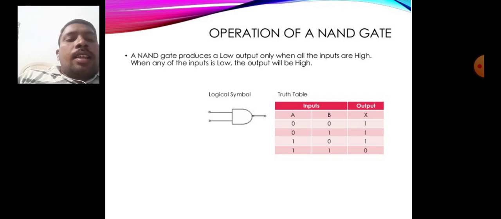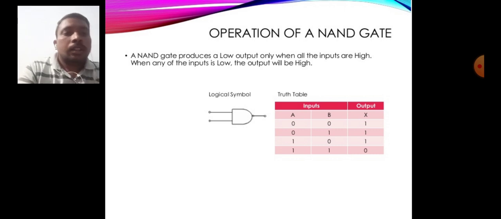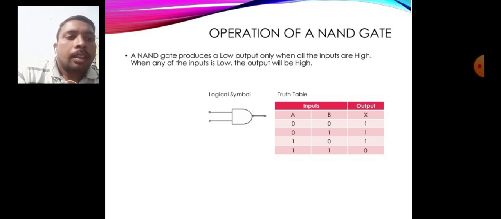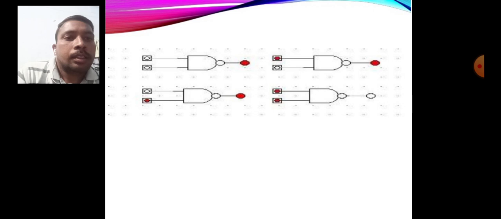This is the logical symbol and truth table of the NAND gate. If A and B are the two inputs, X is the output.